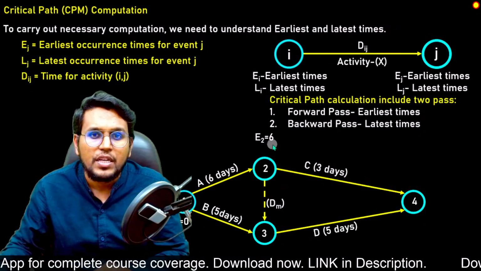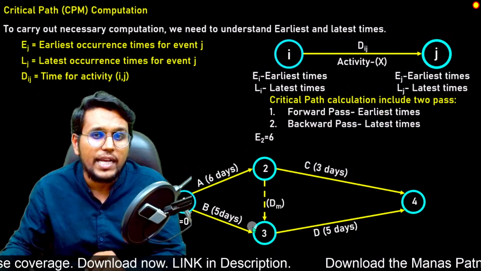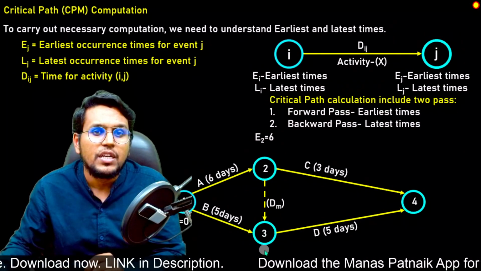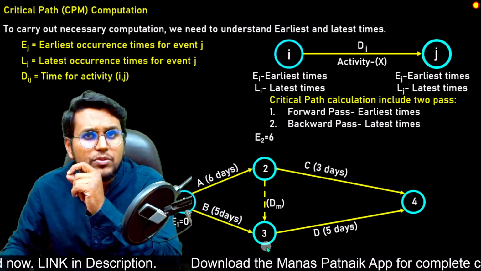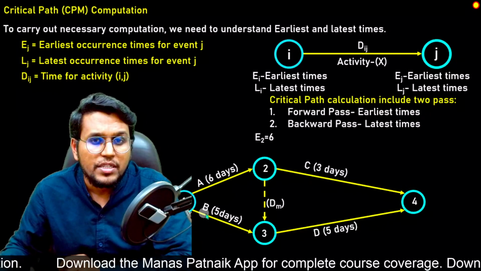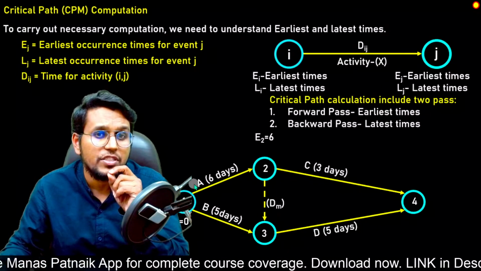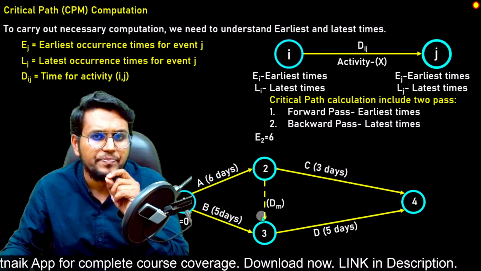Now let us move to the next node, which is node number 3. As we move to node 3, we will see how many incoming arrows there are, and here we can see there is more than one. There are 2. B is coming, and a dummy which is showing the dependency of A is also coming.